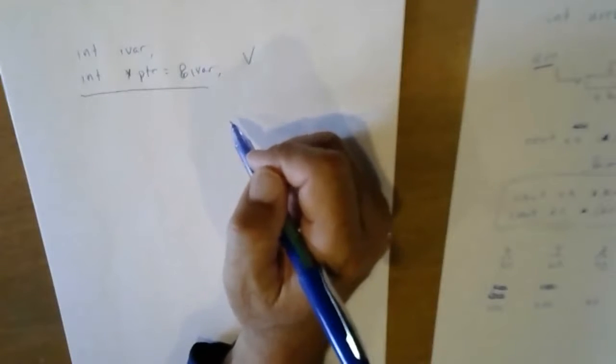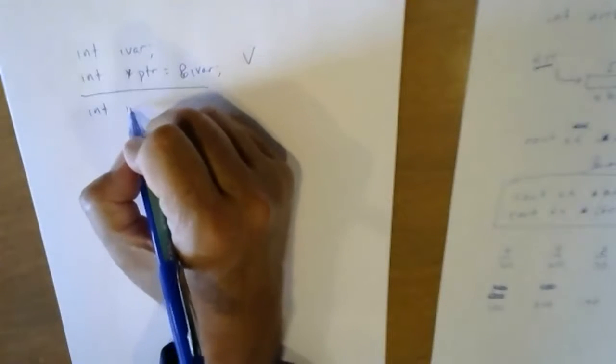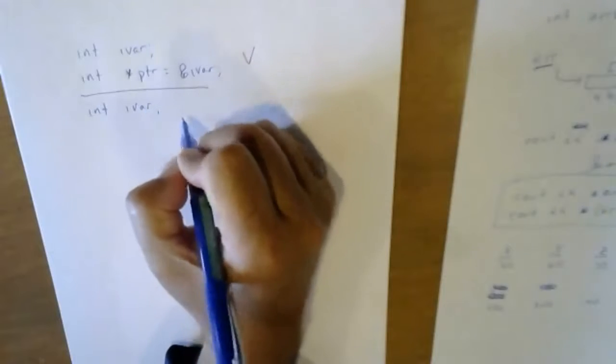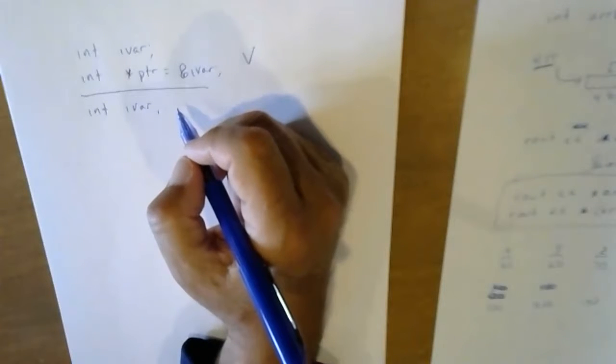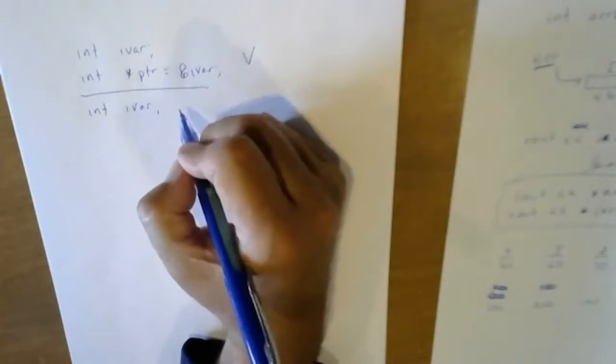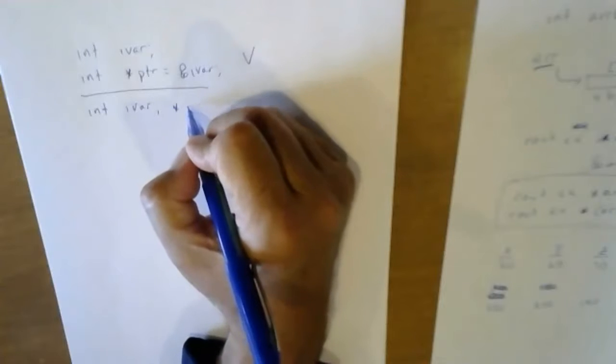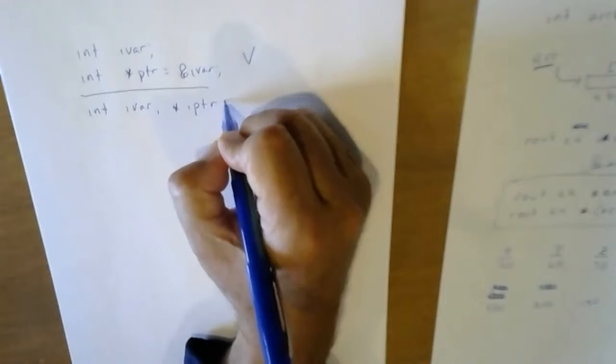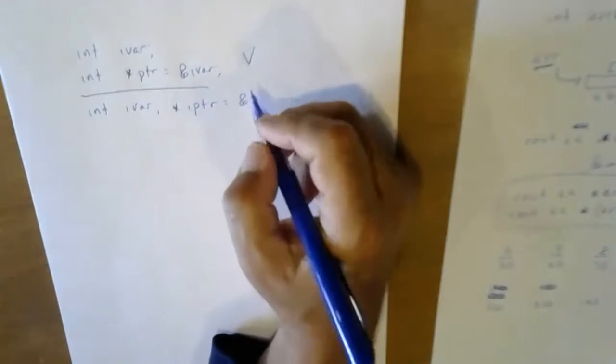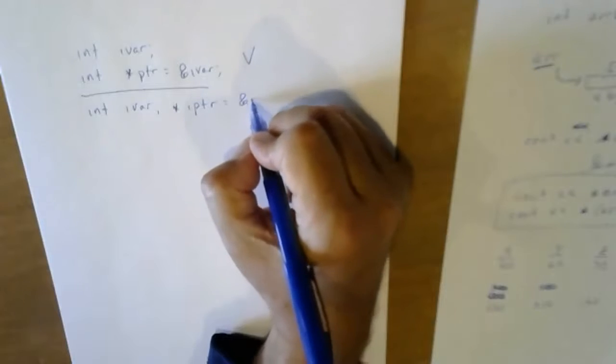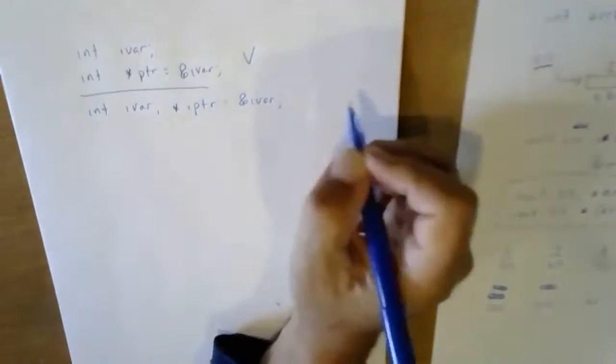The next one, valid or invalid? Int ivar, comma. That's valid. It's essentially the same thing as above. I would guess valid, but I'm not entirely sure.